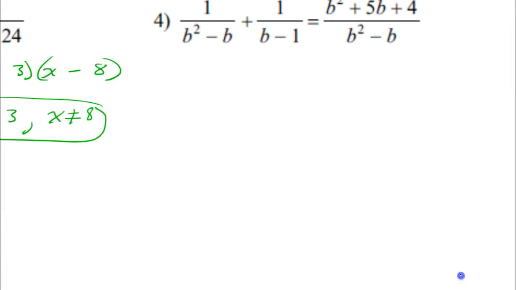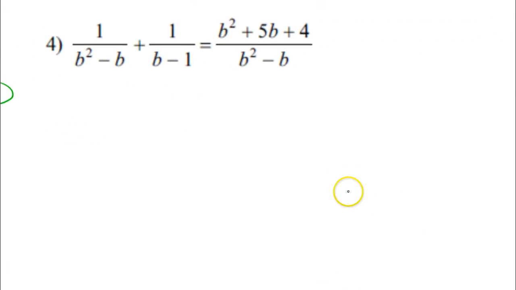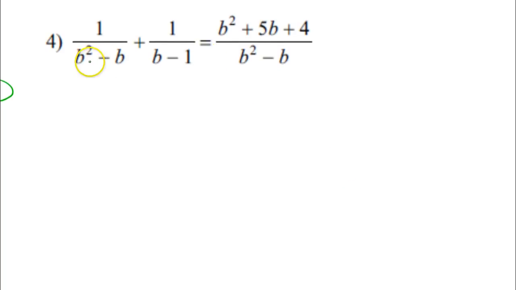Okay, let's do 2 more problems on this video. Interesting. So we have some factoring to do. So I have 1 over... So I'm seeing a common factor, so I'll bring out the GCF of b. That'll leave b minus 1.